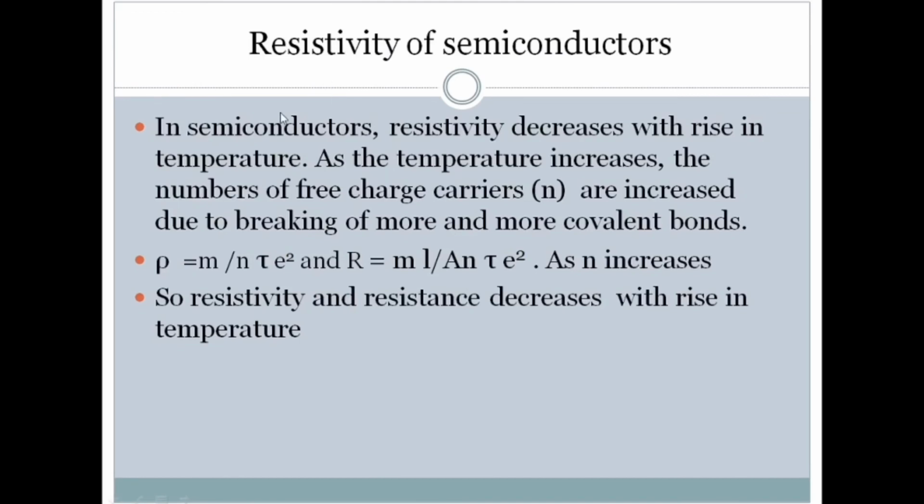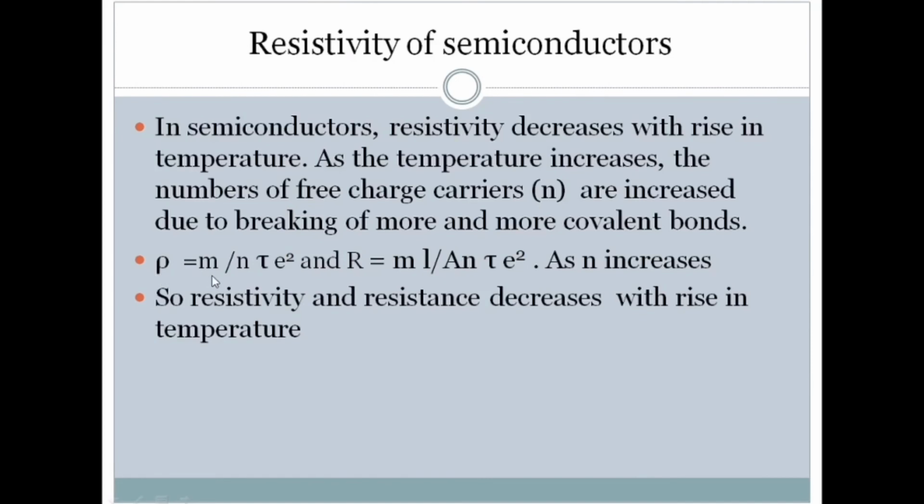Resistivity of semiconductors. In semiconductors, resistivity decreases with the rise in temperature because as the temperature increases, the number of free charge carriers n is increased due to the breaking of more and more covalent bonds. Now we know the formula for resistivity.